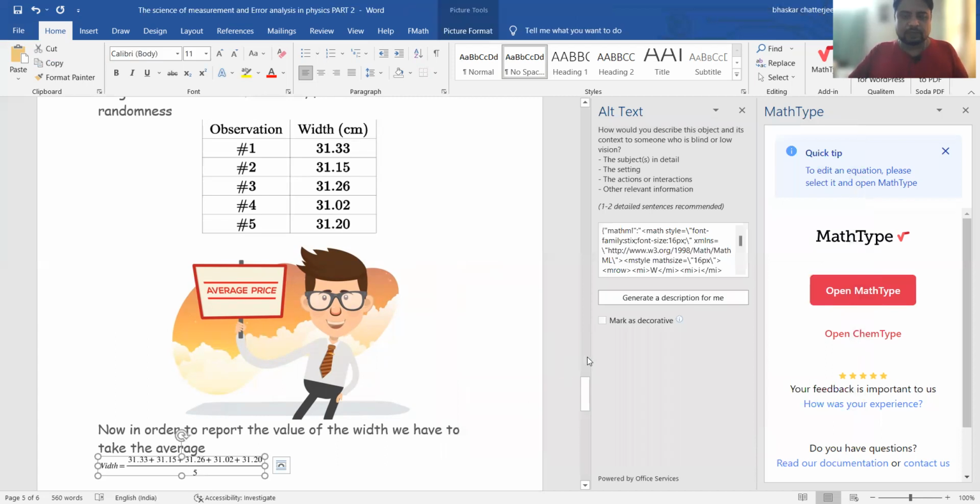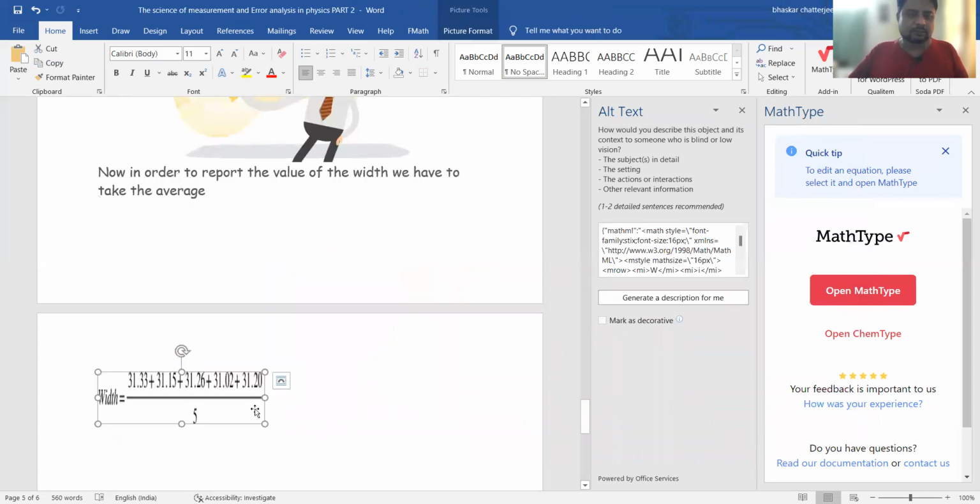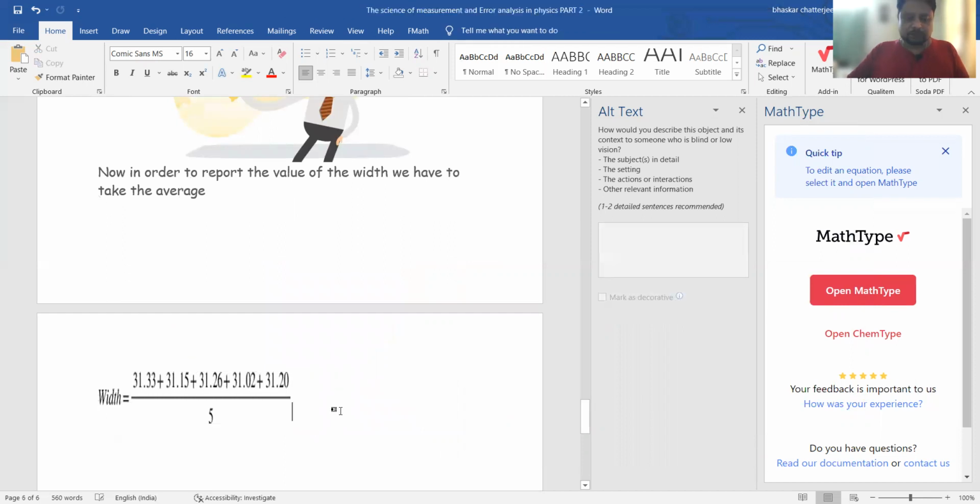So this is the average value. And suppose you get 31.25 centimeter, for example. So the width is reported as 31.25 centimeter, and this is the average value.